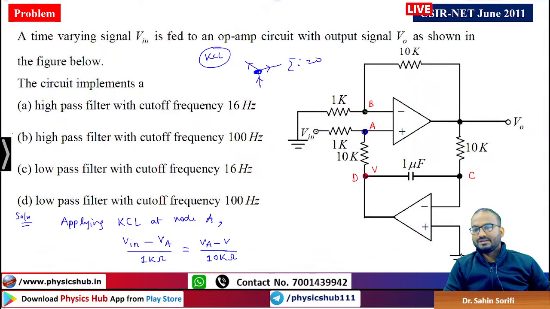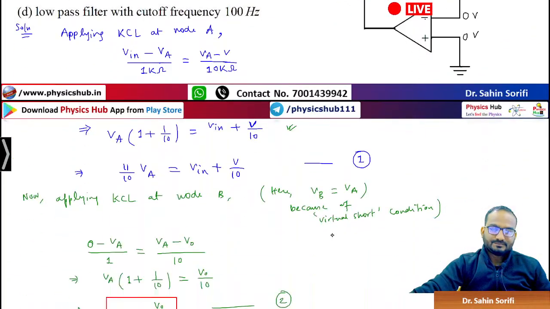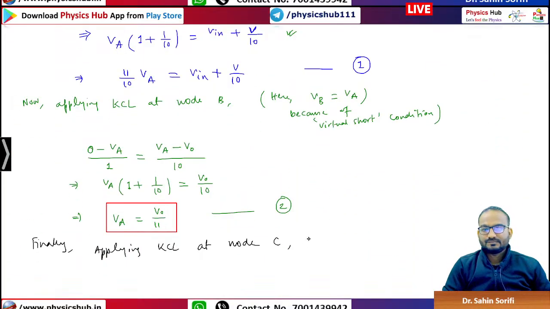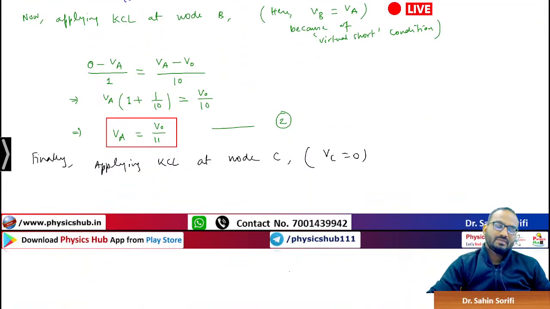You see, this is a non-inverting input, it is grounded, inverting input with some feedback. So this 0 volt will be reflected here, right? So the voltage of C will be 0 volt, because of the virtual ground concept.